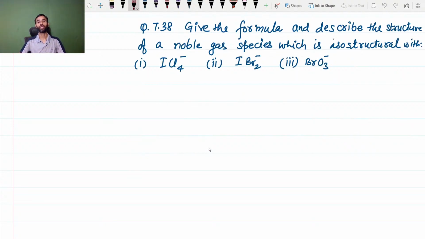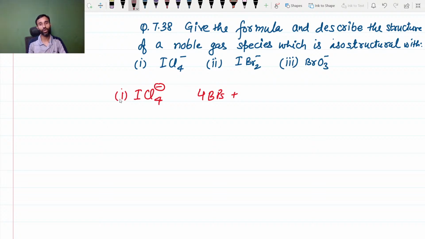Now, question number 38. Give the formula and describe the structure of a novel gas species which is isostructural with, first, ICl4 negative. In ICl4 negative, there are 4 bond pairs, because the number of atoms attached to the central atom gives us bond pairs.